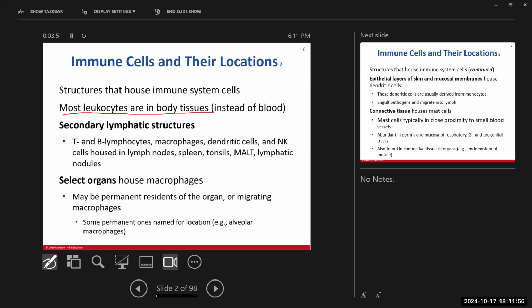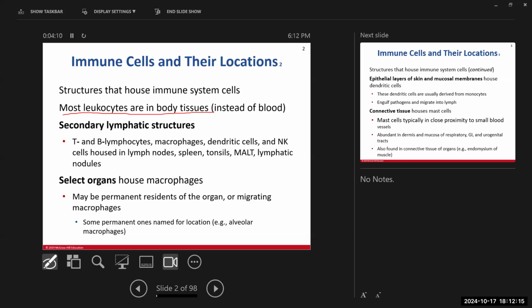As we go through these different chapters in this course, we're going to see that our macrophages, the monocytes that take up residence in some of our other tissues, are going to be specific to certain organ systems. For example, you have macrophages that like to live in your lungs.